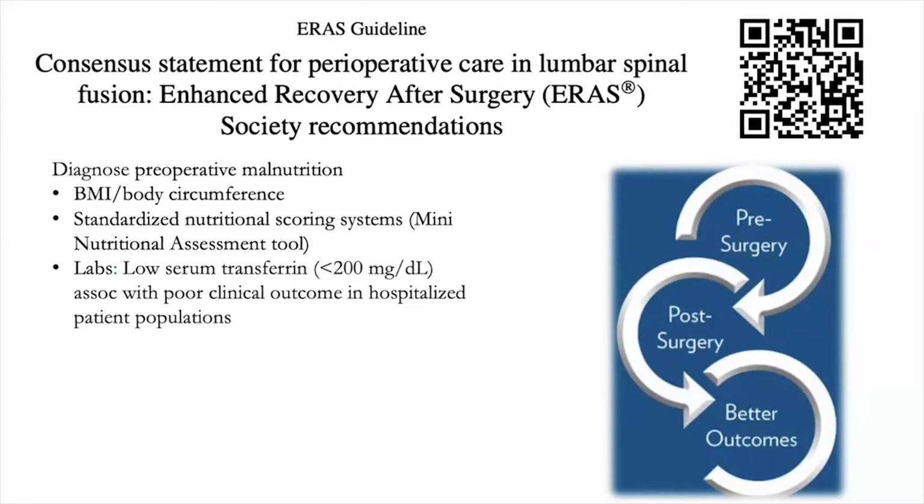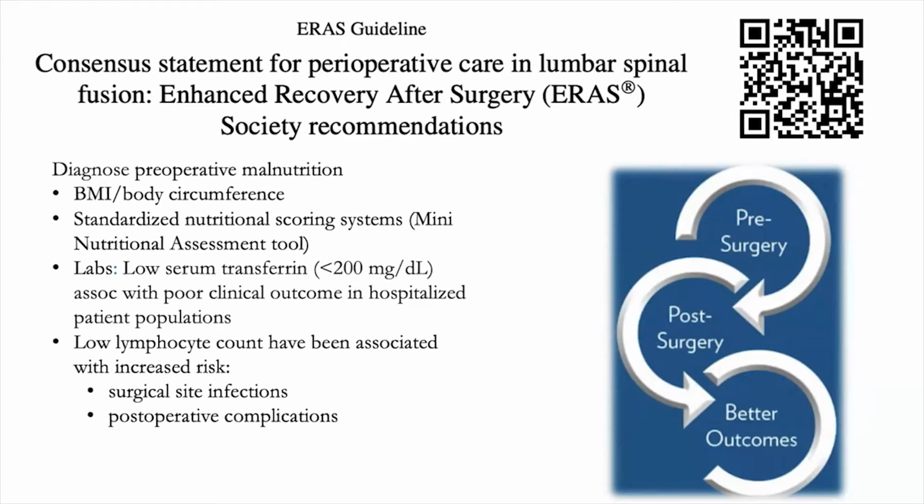They also point out that a low serum transferrin, less than 200, which is on the Academy's toolkit list, is associated with poor clinical outcomes in patients who are hospitalized, and that low lymphocyte count, the TLC of less than 1,500, has been associated with increased risk of surgical site infections, post-op complications as a whole, a longer length of stay, and 30-day readmission. So those are the ERAS guidelines.